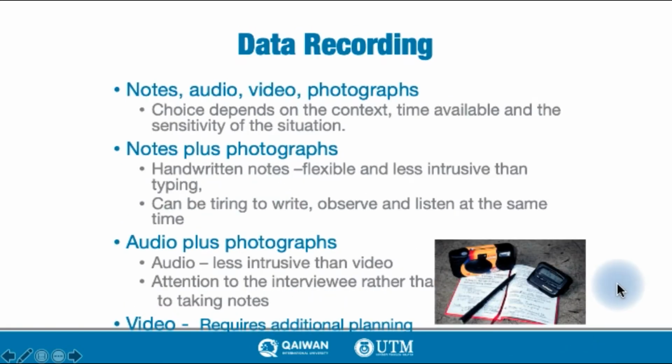So when we want to do data gathering, there is one type we call data recording, where we can take notes, or audio, video, or photography, just to get more data and requirements from the users.